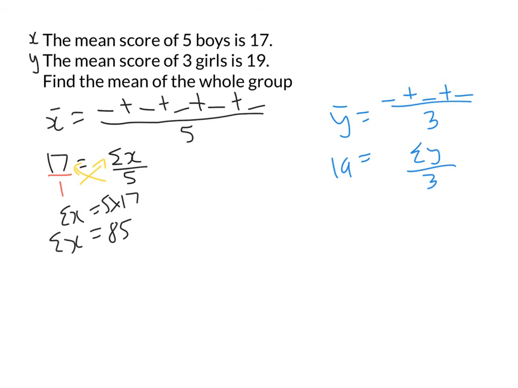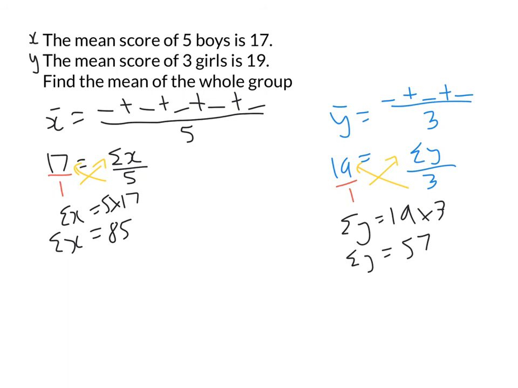It tells us the mean score of the 3 girls is 19, so 19 goes there. We can then work out sigma y by cross multiplying, and we would get that sigma y is 19 times 3, which is 57.